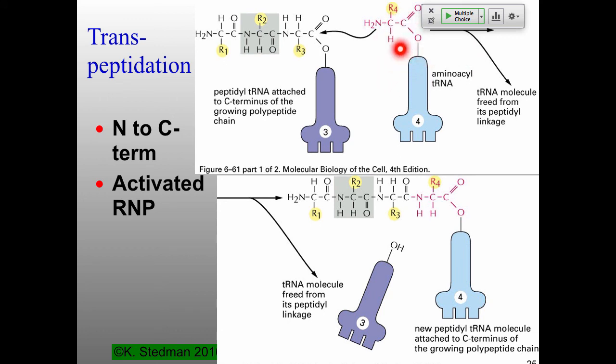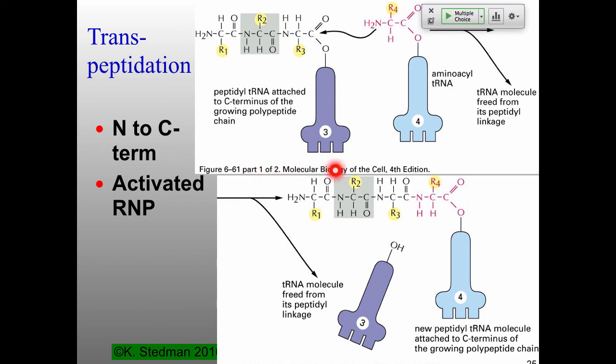What this does, together with the ribosome, is now we have the N-terminus of this individual amino acid, which is going to attack the C-terminus of the amino acid bound to the other tRNA here, and in that process is going to make a peptide bond right here.